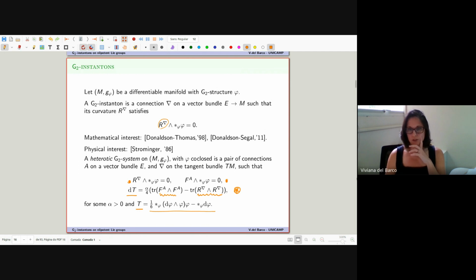So you make the wedge product of matrices of two forms that gives you a matrix of four forms, and then you take a trace, and that has to be the differential of this T, which is a four form as well. And here we require alpha to be positive. This is also an issue of discussion whether it's positive or negative, but there are some physical motivations that I will not get into because I am also not an expert. So this is more or less the motivation.